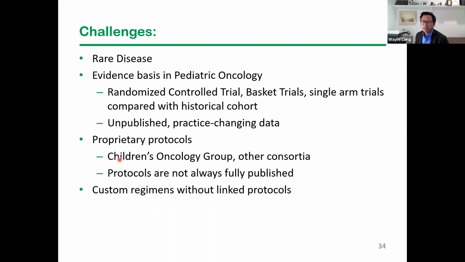We're dealing with the proprietary nature, even though some of these clinical trials networks, like the COG, are publicly supported by the NCI, the protocols themselves are still proprietary. And there are also some safety concerns about making protocols available when the evidence is not yet there that the treatment is beneficial. So you can imagine if you don't understand that and you give a patient a treatment that has no evidence and they have a bad outcome, well, maybe you're treating them prematurely with that regimen.